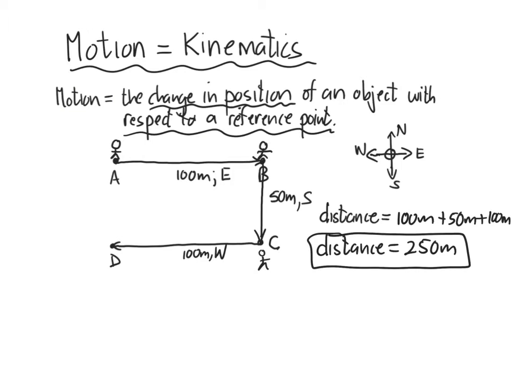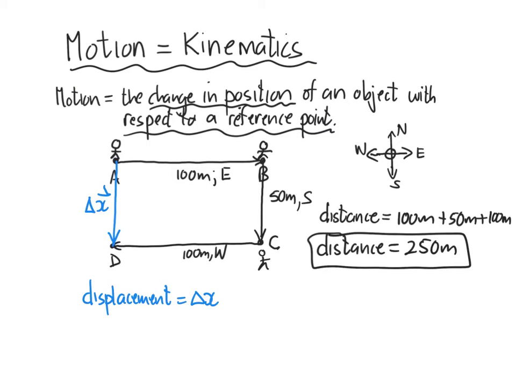To determine the displacement or the change in position, we draw a straight line vector from the start position to the end position of the person's journey, and we represent this with delta x. Remember, the displacement is a vector quantity. The delta stands for change, the x for position.